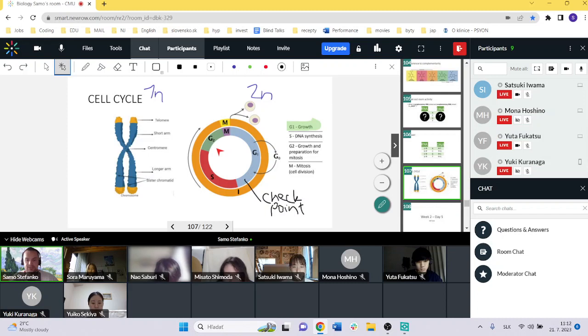Please, the S phase group, who was it yesterday? Okay, Sora, you are raising your hand, so go on. S phase is synthesis of DNA. That's all?